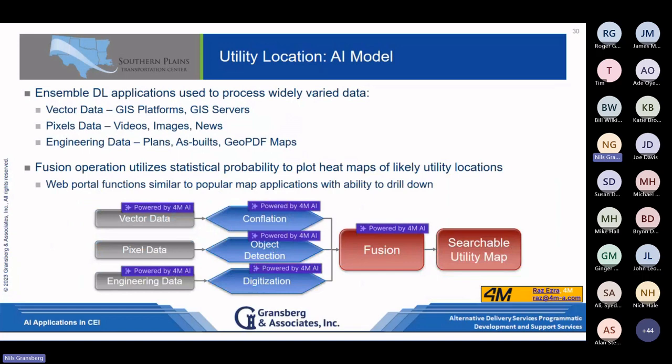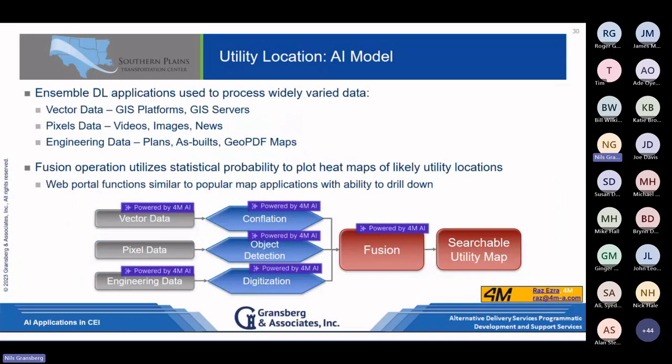What they did is build an AI model that uses an ensemble of deep learning methods to process all these different types of data and land them all in vector files, essentially on a map. They're pulling vector data from GIS platforms and GIS servers.